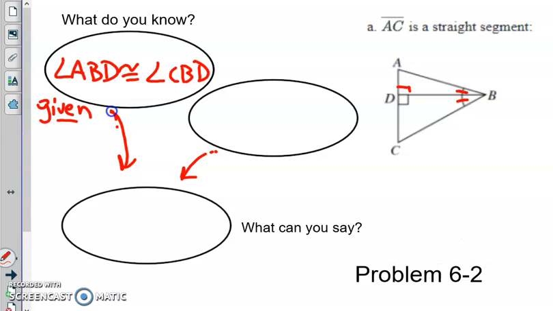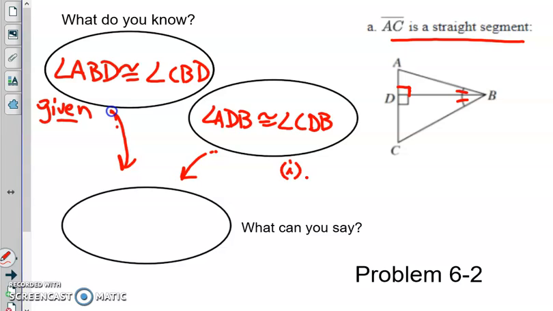And then because AC is a straight segment, the other angle on the other side of point D also has to be a 90-degree angle. So angle CDB and angle ADB have to be congruent to each other. That angle wasn't actually given to us, but it's true because AC is a straight segment.